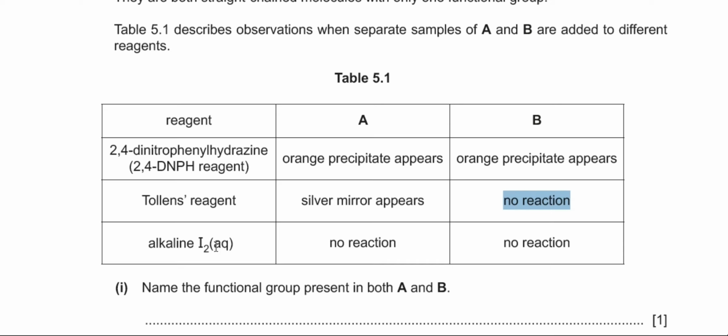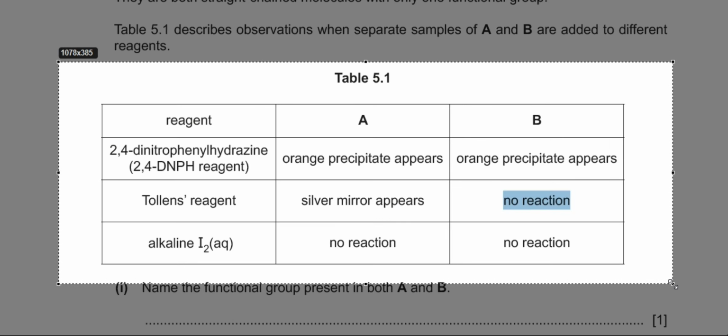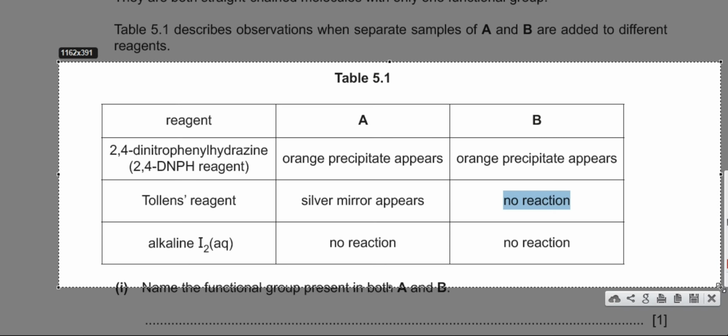Secondly, the next test is alkaline aqueous iodine. Remember, let me show you by drawing, this is to check the presence of CH3 C double bond O. So there are three different situations.